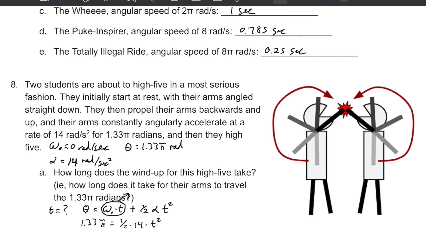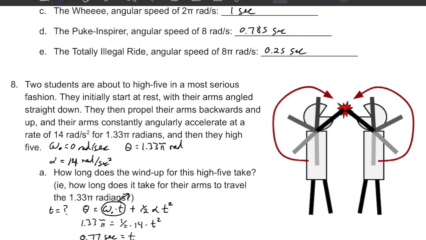Dividing by 1/2, multiplying by 2, same thing. Divide by 14, and then take the square root so that I solve for t. So I got 0.77 seconds is my time.